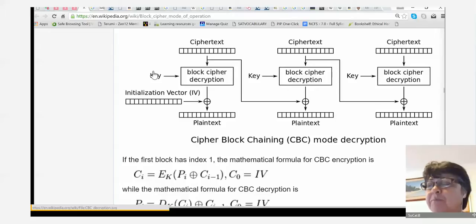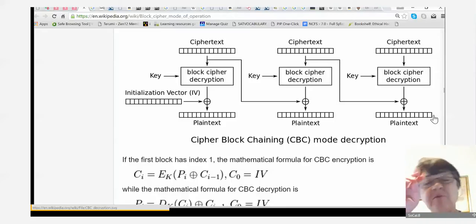Somebody is able to tell you if you got the plain text right or wrong. They don't exactly tell you what the plain text is, but they'll tell you, hey, you got it right, or hey, you got it wrong. Let's say somebody gives you that indication. Yep, your guess was right. Nope, your guess was wrong.